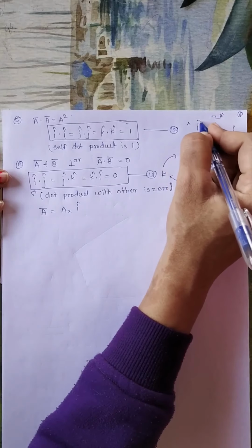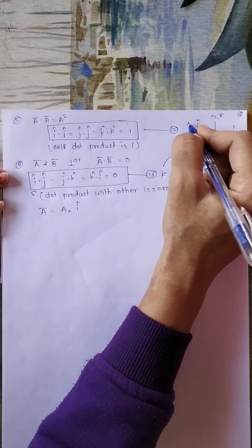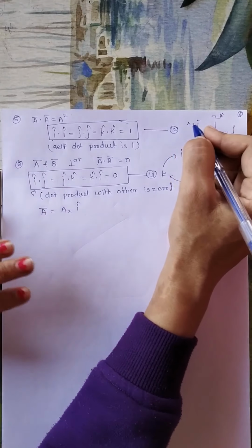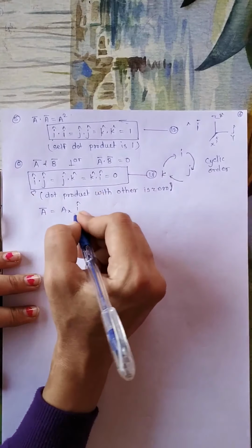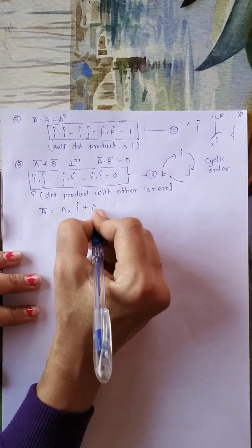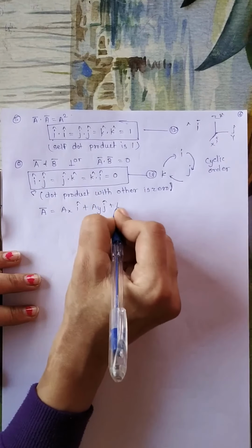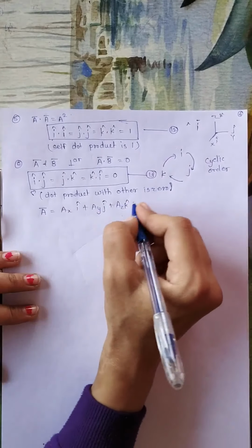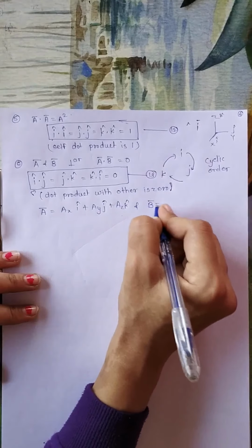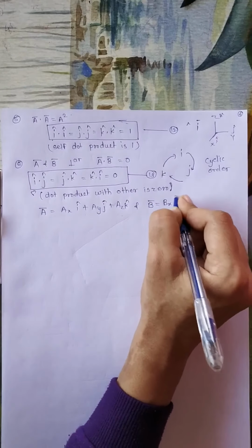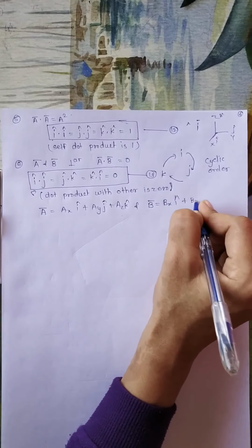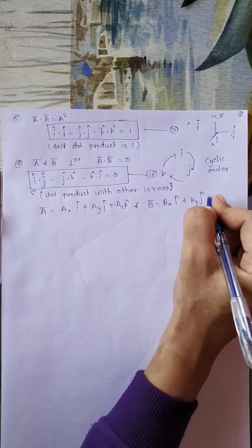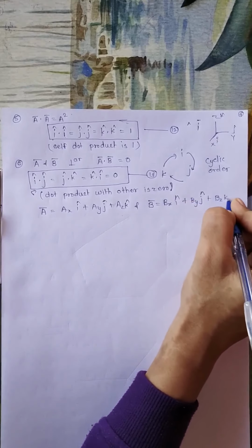You can also write bar, but to denote it is a unit vector I will write cap. So ax I cap plus ay j cap plus az k cap, this is a bar, and the other vector b bar is bx I cap plus by j cap plus bz k cap.